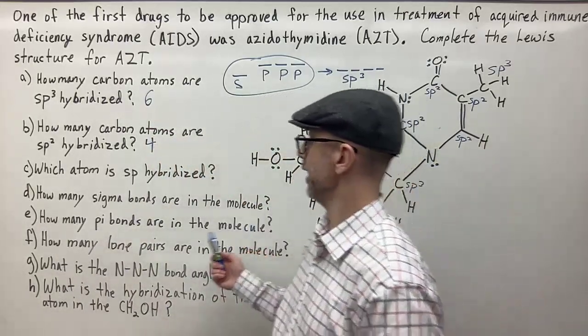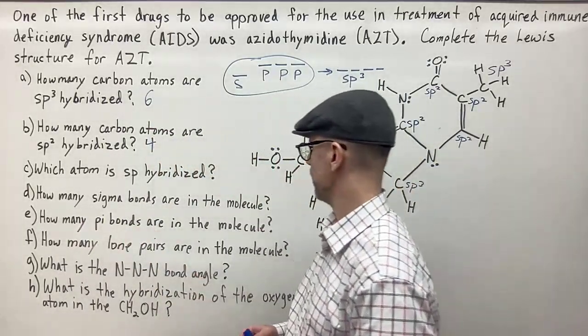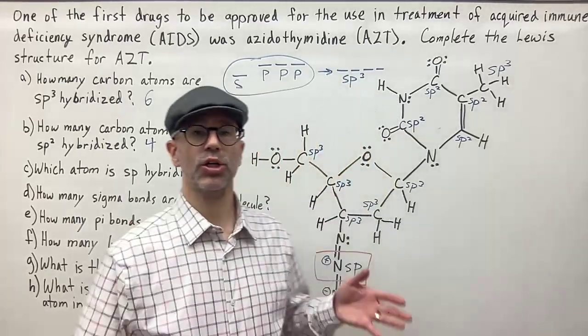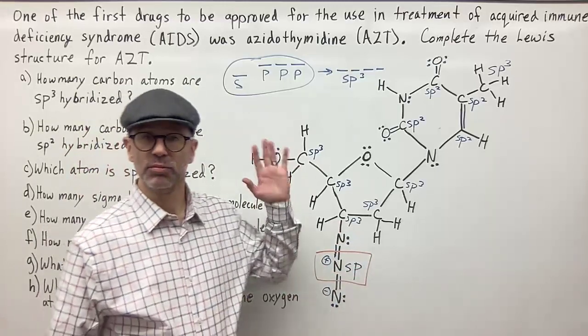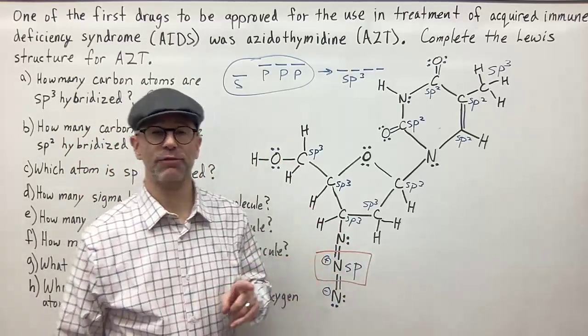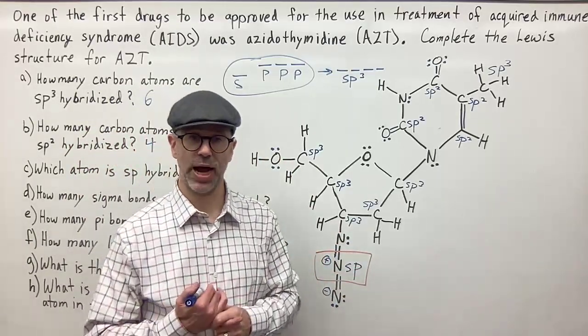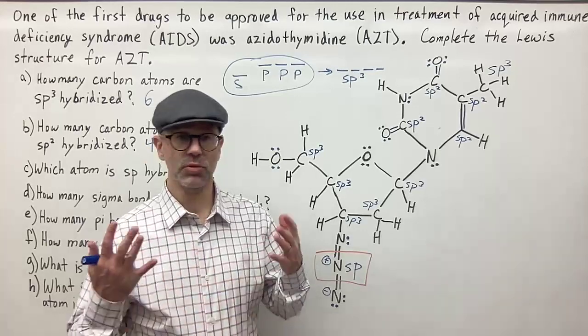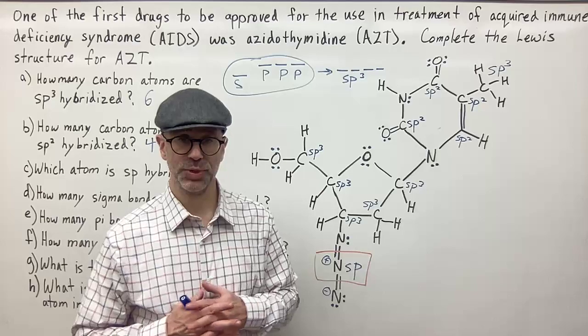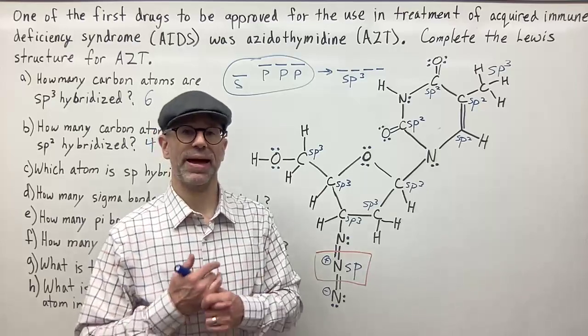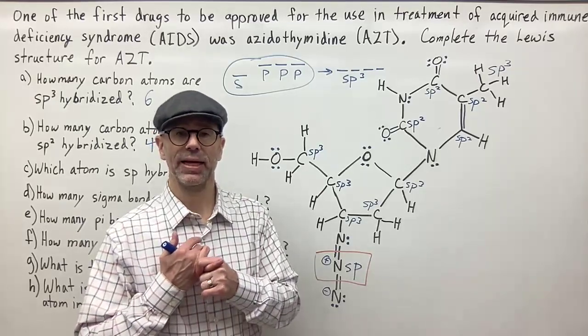Okay, next we have how many sigma bonds are in the molecule. Now, when you're trying to figure out the number of sigma bonds, the assumption is always that if you have a bond between 2 atoms, it's always going to be a single bond, right? If you have multiple bonds between 2 atoms, one of them has to be a sigma bond.